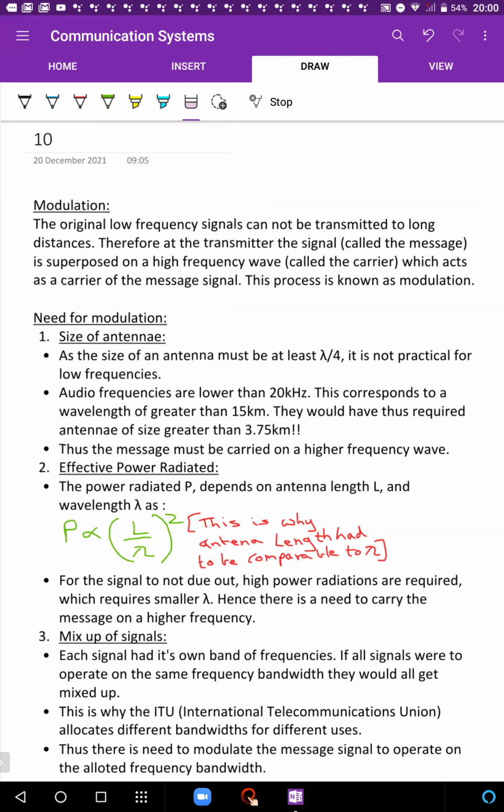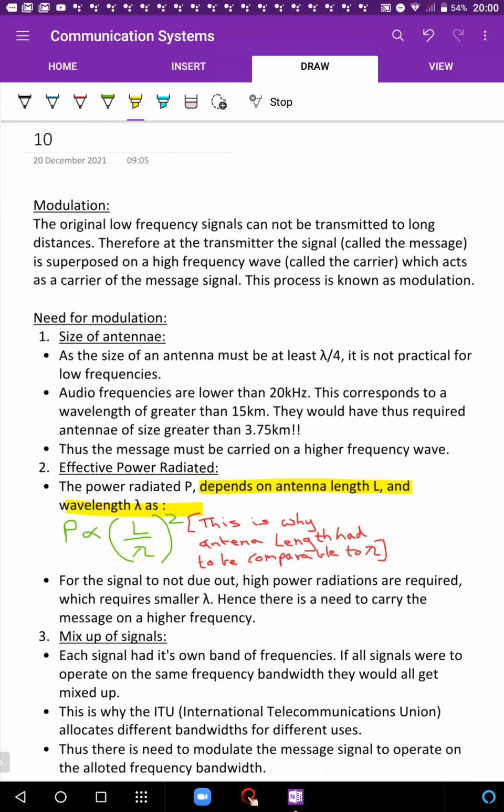Okay, good. Now the effective power radiated depends on, again, you don't need to know where this comes from. You have not fully traced where this comes from, but this is the formula written in the NCERT that the power radiated depends on (L by lambda) whole square.